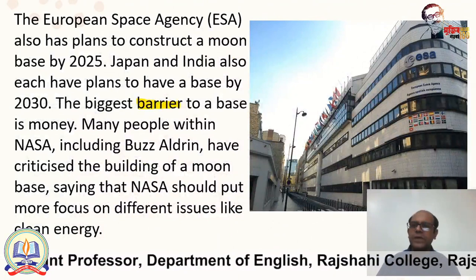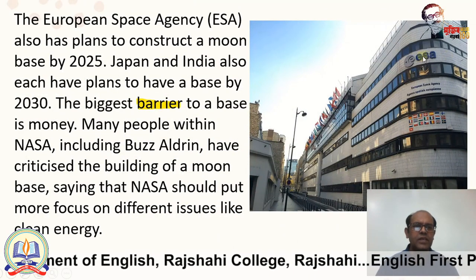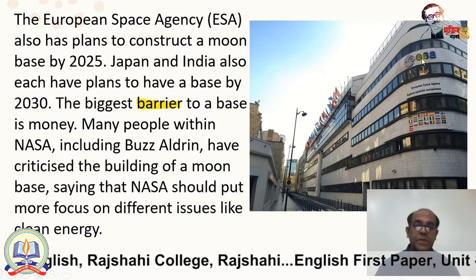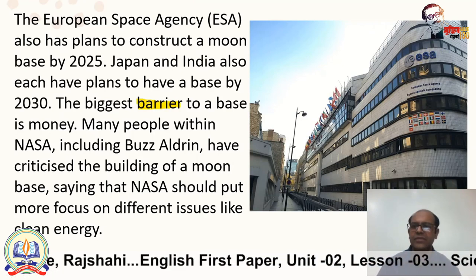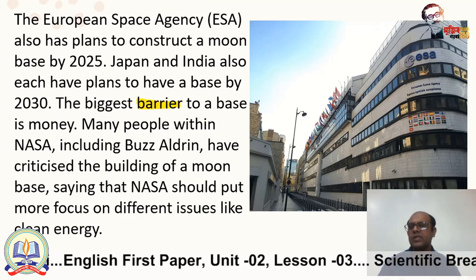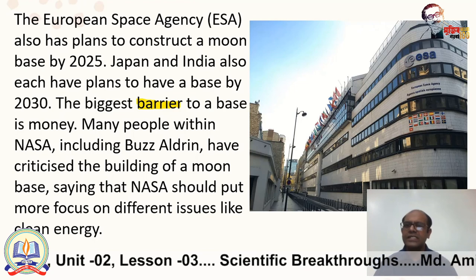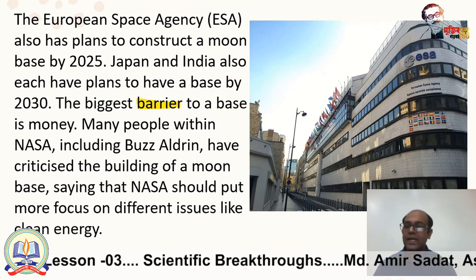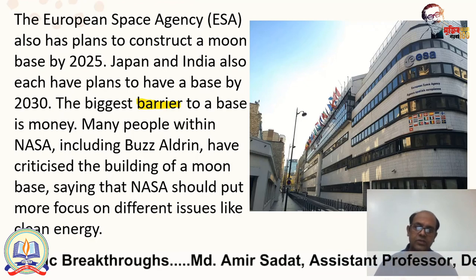The European Space Agency, here dear learners you can see the picture of the European Space Agency, also has plans to construct a moon base by 2025. And Japan and India also each have plans to have a base by 2030.